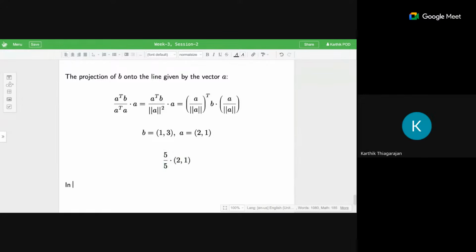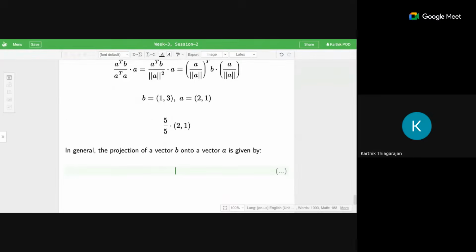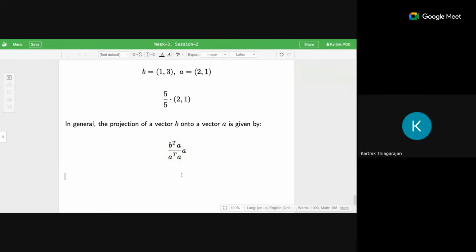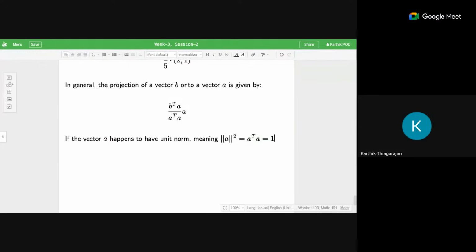In general, the projection of a vector B onto a vector A is given by B transpose A by A transpose A. If the vector A happens to have unit norm, meaning norm A square is 1, so norm A is 1, just like A transpose A equal to 1, then the projection of B onto A can be expressed as what?